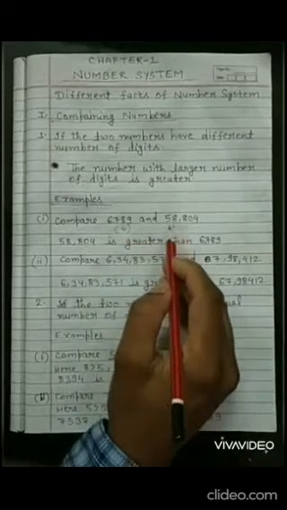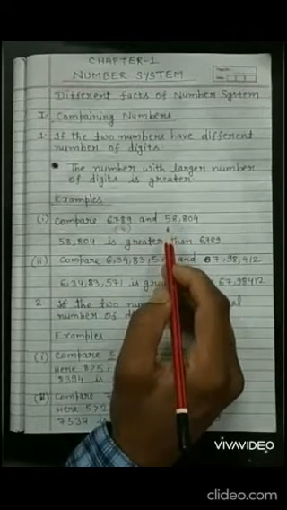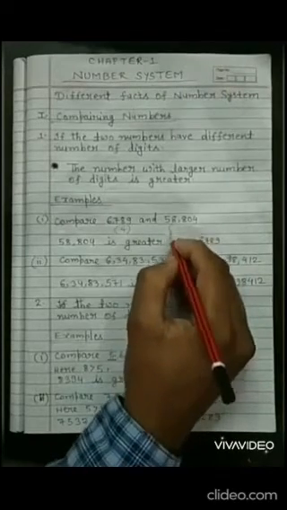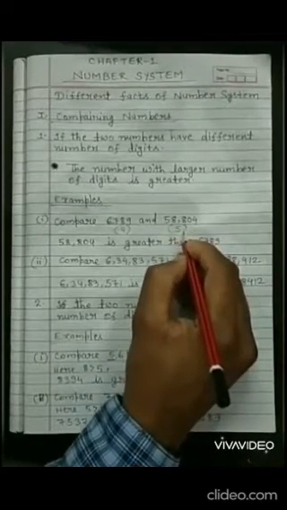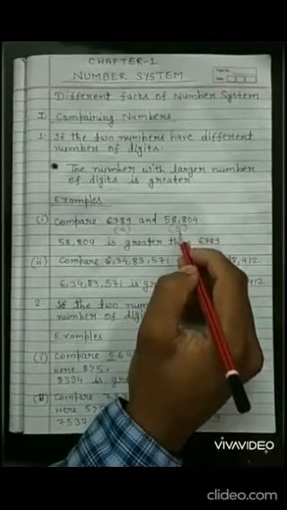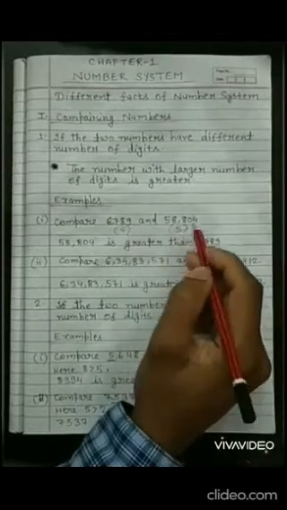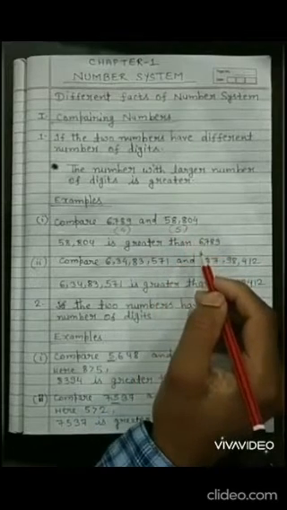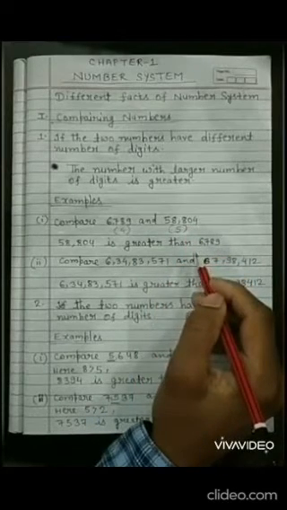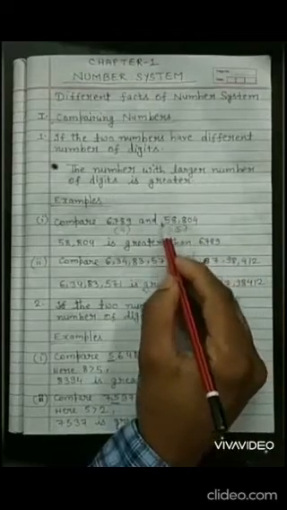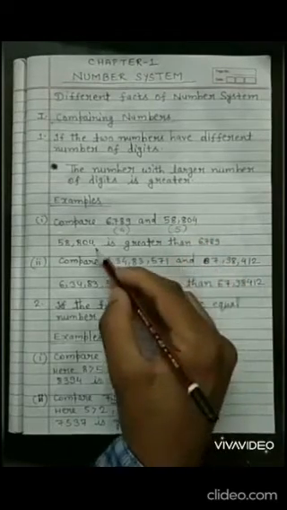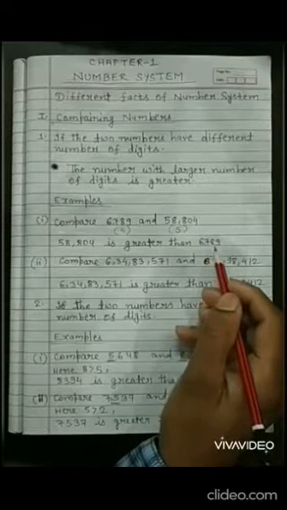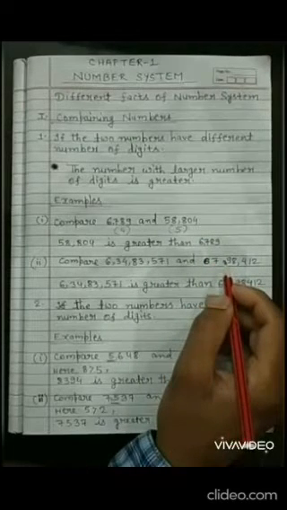And in this number, the number of digits is 1, 2, 3, 4, 5. So the number of digits is 5. This 5 is greater than 4, which means this number has larger number of digits. So in this case, 58,804 is greater than 6,789. Clear?